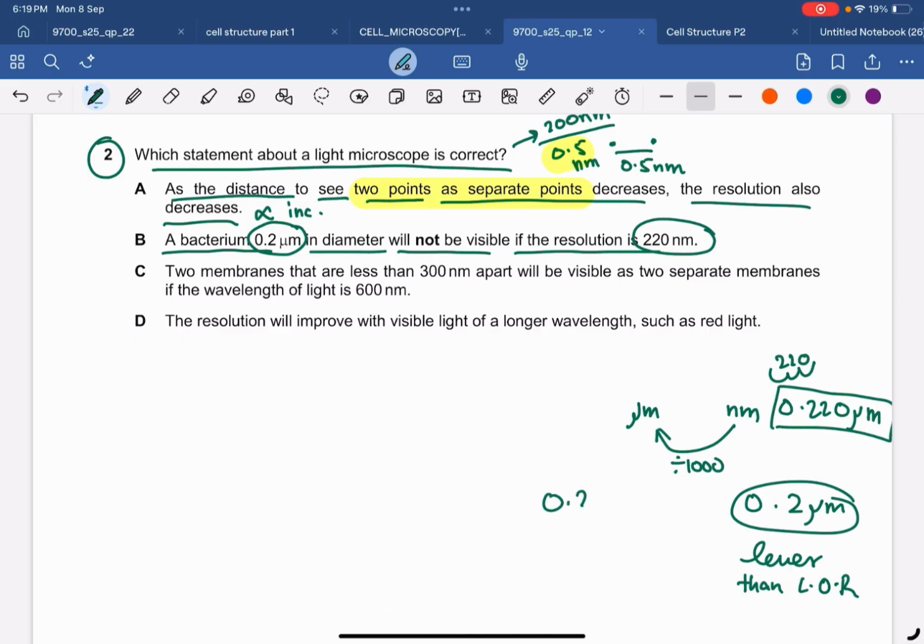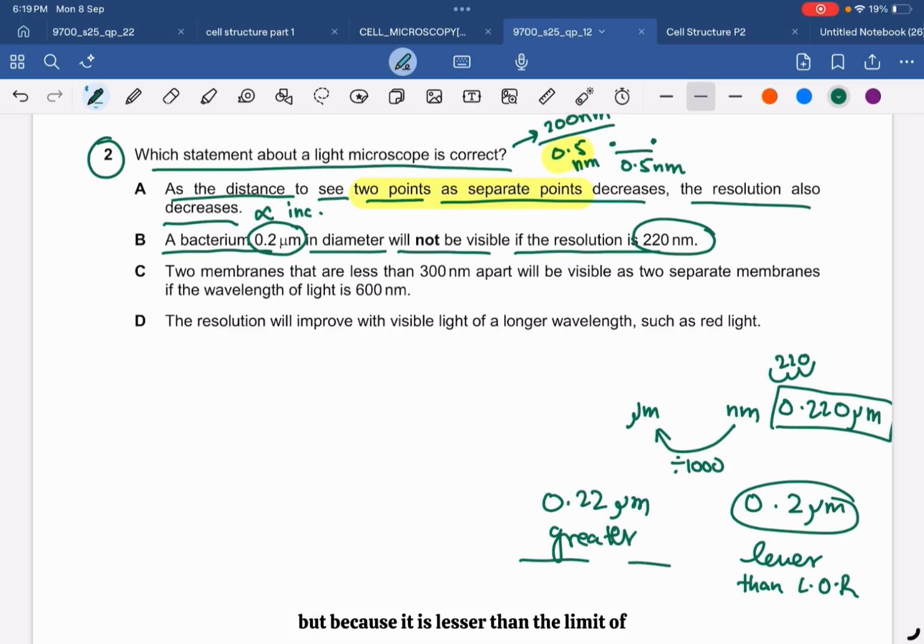If it would be 0.22 micrometer or greater than 0.22 micrometer, then it would be visible, but because the limit of resolution converted is 0.22 micrometer, which is greater than the diameter of the bacterium, which is 0.2 micrometers, it will not be visible.